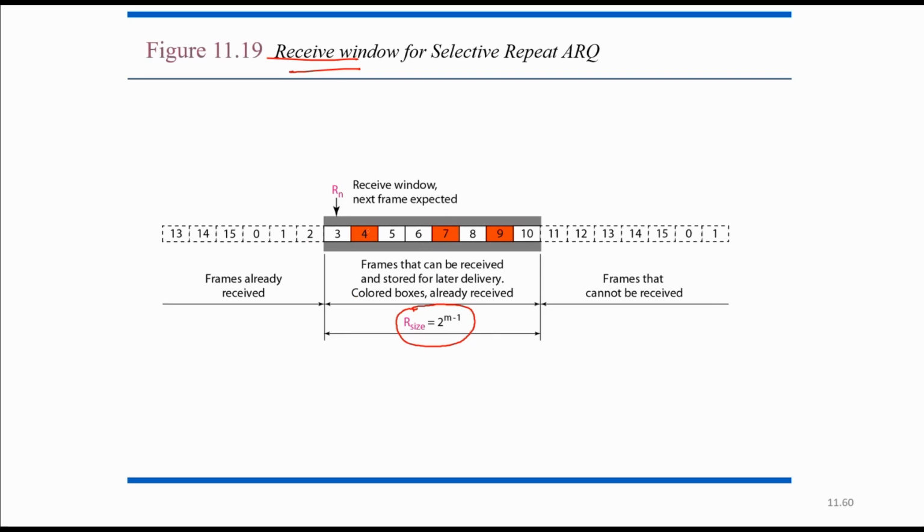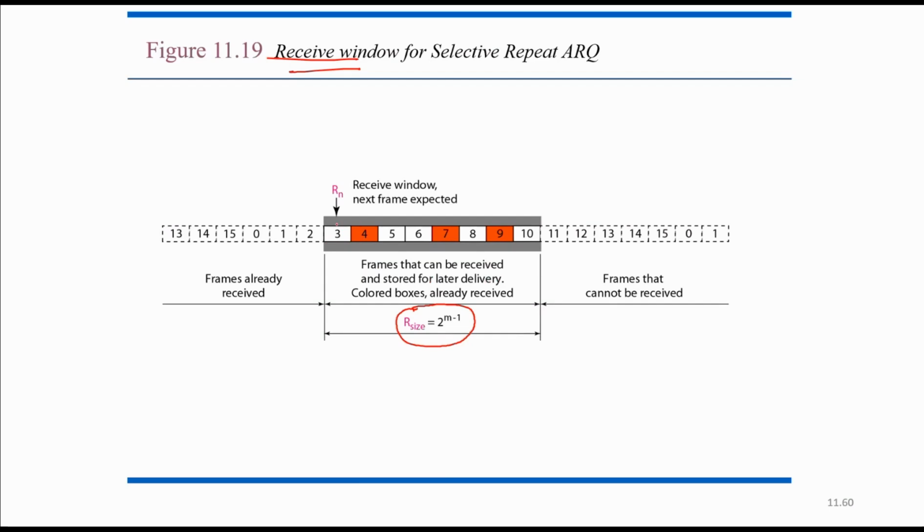The colored ones indicate frames already received and acknowledged, and the white ones are frames that can be received and stored for later delivery, and once received they will be acknowledged.